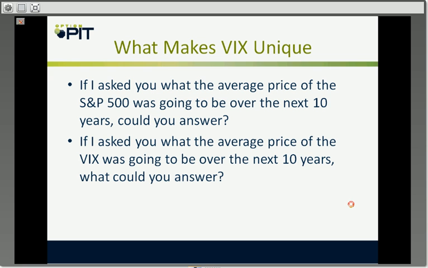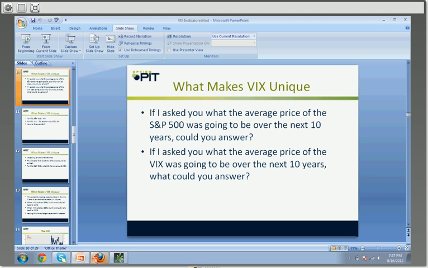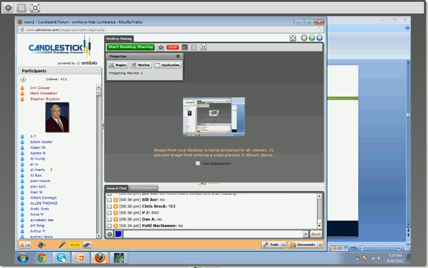All right, now, what makes the VIX unique? If I asked you what the average price of the S&P 500 was going to be over the next 10 years, could you guys give me an answer? What do you think? No, the answer is no. Come on.